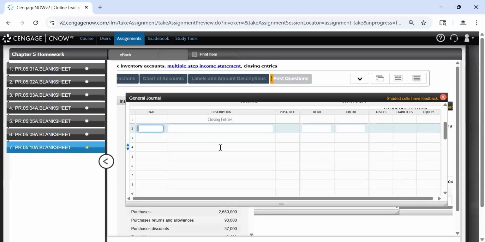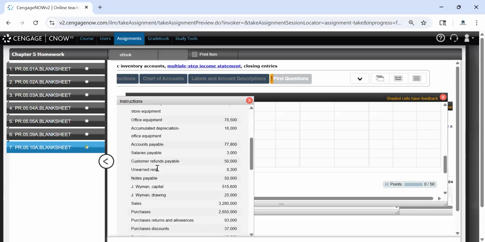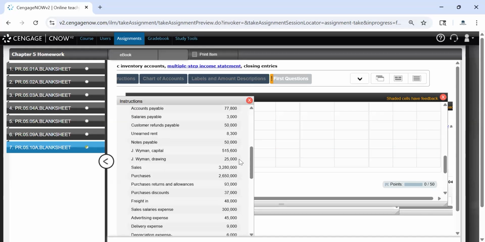So for our closing entry, it's going to be as of December 31st, and we're not going to need post references for any of these amounts. We're going to fill in our debits from the top, and our credits we're going to fill in from the bottom. However, at the bottom, we will have our simple entry to close out our drawings.